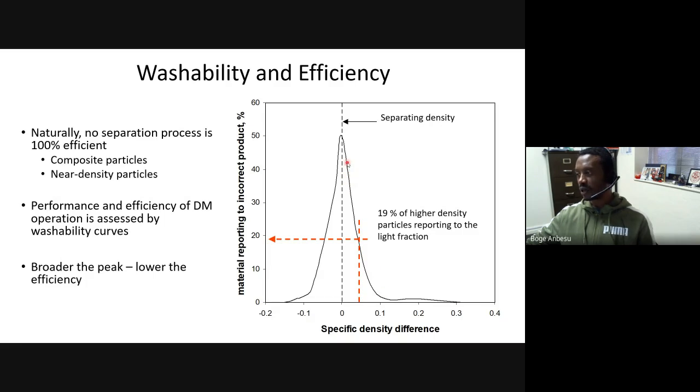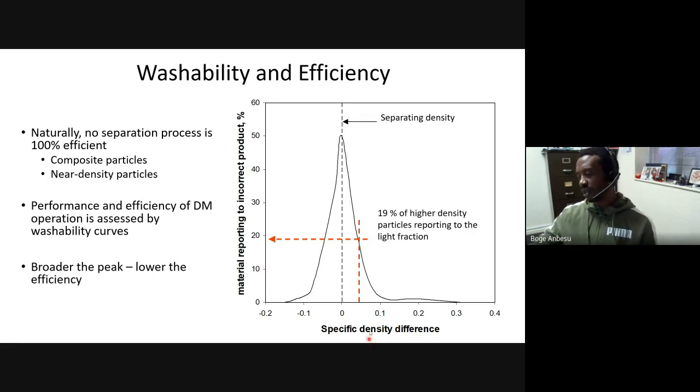So obviously, the closer it is to the separating density, as I was saying earlier, if it's say 1.51 or 1.52 density, then it will have a very high chance of going into the wrong portion. So we want to know what is the fraction of particles with very close density to that of the separating density. And if we know that information, then we might need to think carefully about what separating density for the media we use.